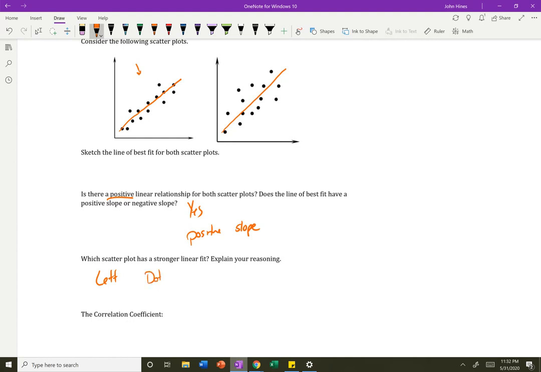The data is closer to the line, which means our predictions are better. Remember, linear regression and scatter plots are all about making predictions. Here, my predictions are a lot worse. These points are pretty far from the line, whereas over here, a lot of the points are close to the line.